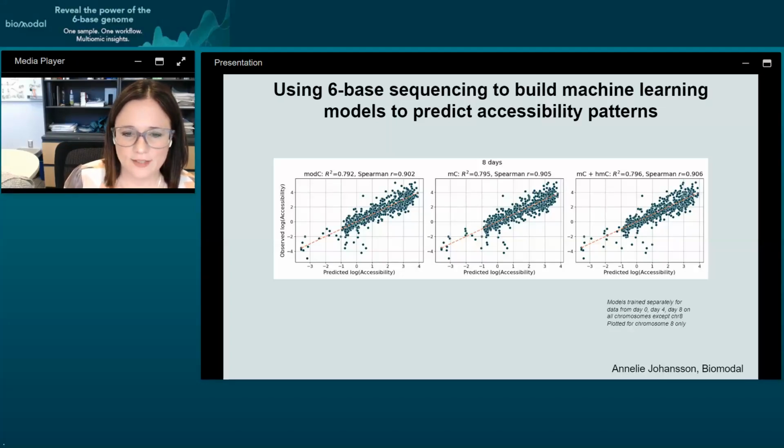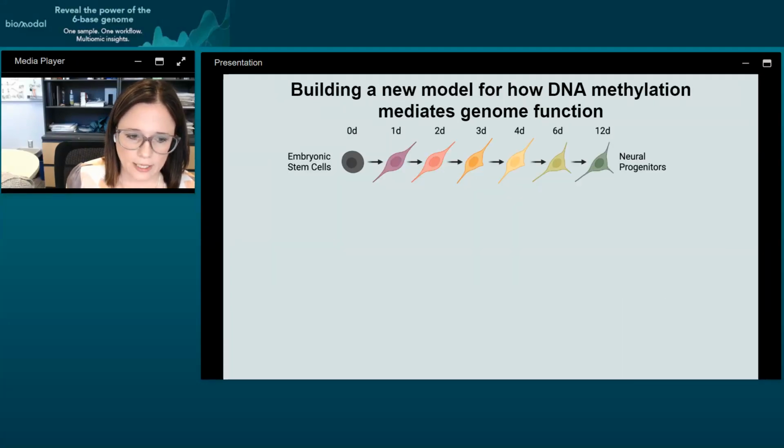And so you kind of have to ask the right questions of the data in order to understand how it relates to other aspects of gene regulation. So being able to include both methylation and hydroxymethylation in our models, I think, will be really important.